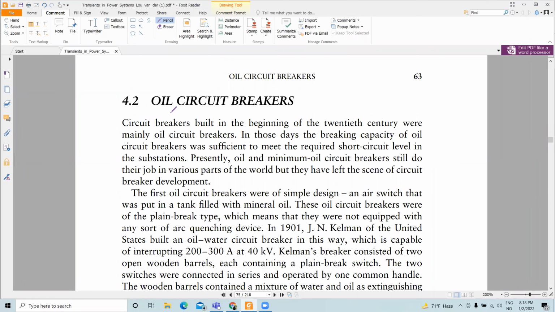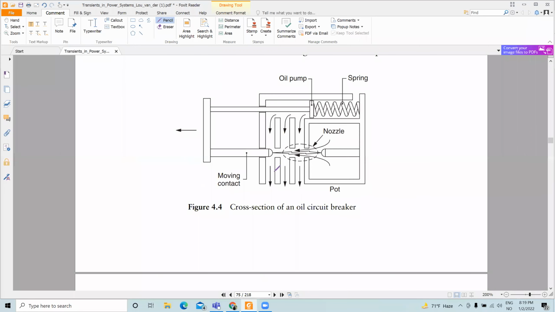So it's needed for us to know about the oil circuit breaker, because many of these oil circuit breakers are still in the grid and under operation, but no new oil circuit breakers are being installed nowadays. Inside the oil circuit breaker, you have oil as the interrupting medium, and the oil interrupts the current. Everything is submerged in oil.